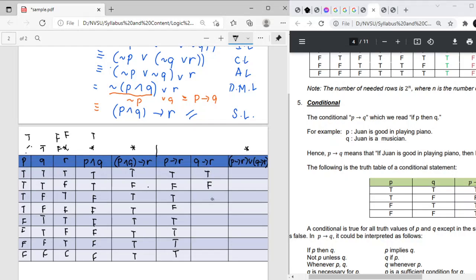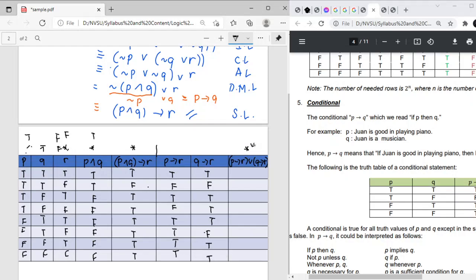Next, true, false is false. Next, false, true is true. Next, false, false is true. Next, true, true is true. Next, true, false is false. Sorry. Q implies R. Yan, tama. Next, we have false, true is true. And then false, false is, of course, true.